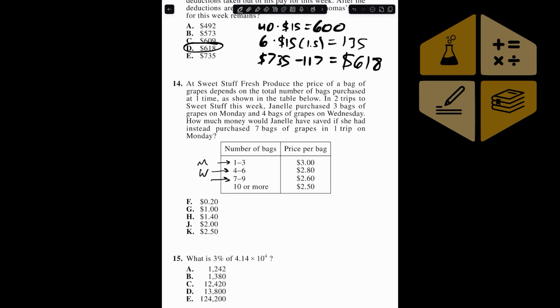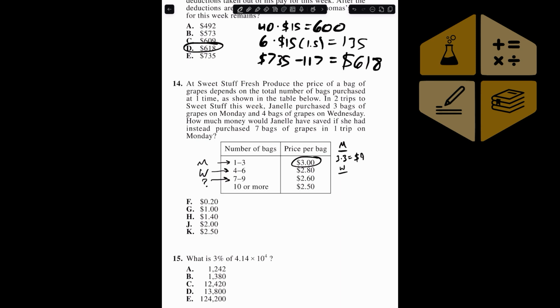So this is our question, if she fell in this category of 7 to 9 in one trip on Monday. Okay, so let's figure out how much she spends just the way she did it, which would be Monday and Wednesday. So on Monday, she buys 3 bags, and the price per bag is $3. So 3 bags times the $3, she spends $9 on Monday.